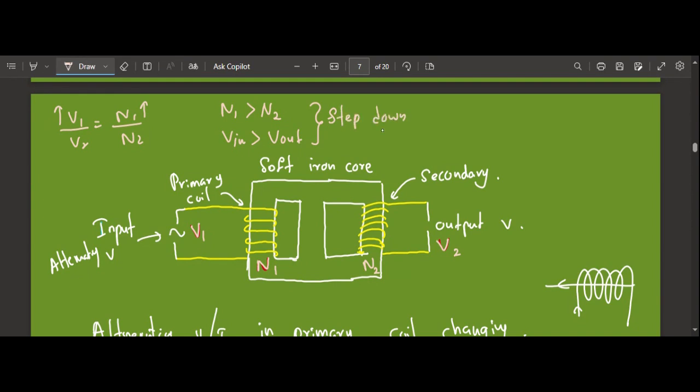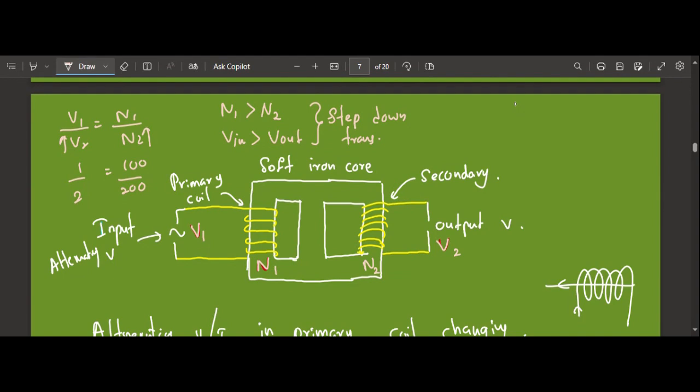Step down transformers, right? Then according to the equation, if the number of turns in the secondary coil is higher, then the voltage will also be higher, right? It's like 100 and 200. So then what will happen? The voltage ratio is 1 to 2. So that means compared to V in, the output voltage will be double, right? So N2 is greater than N1.